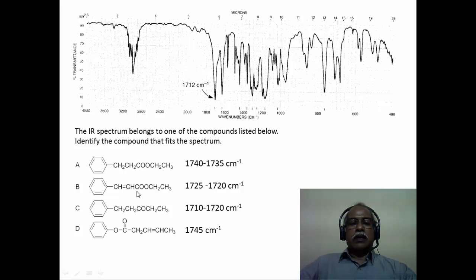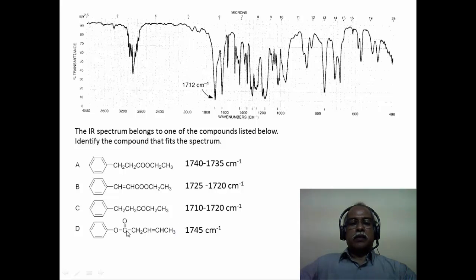One can also easily rule out the alpha beta unsaturated ester functional group because this will not be less than 1720 or so. One can easily rule out this particular ester because this unsaturation is conjugating with the lone pair of oxygen here. It would in fact increase the frequency compared to the base value for an alpha beta unsaturated system. So this is a saturated ester functional group which is also 1745, which is higher than what is observed.